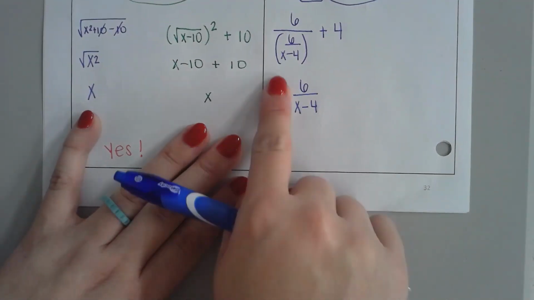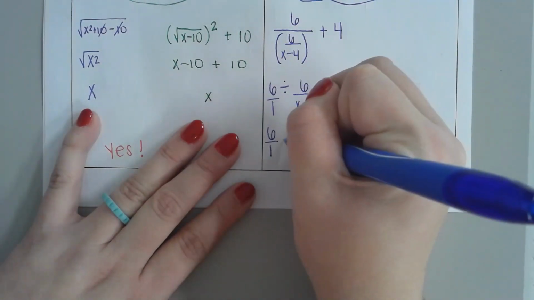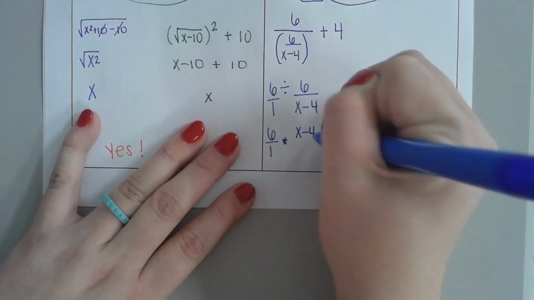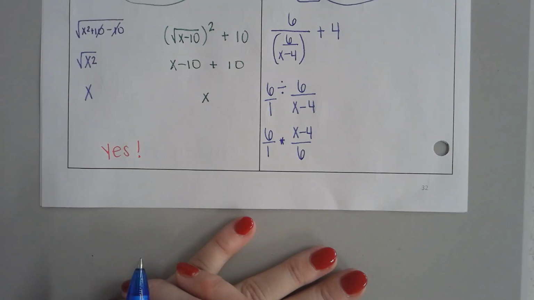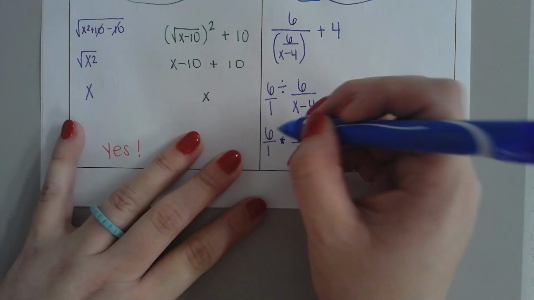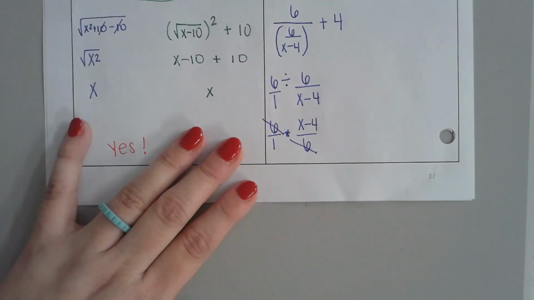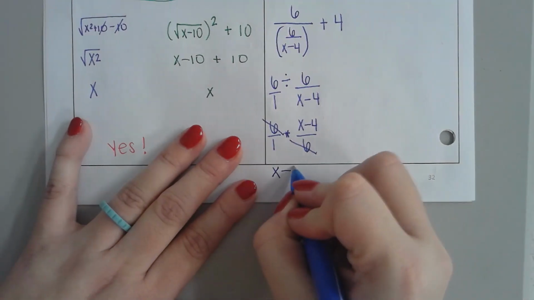To divide fractions, you keep the first one, you change that to times, just leaves you with x minus 4.